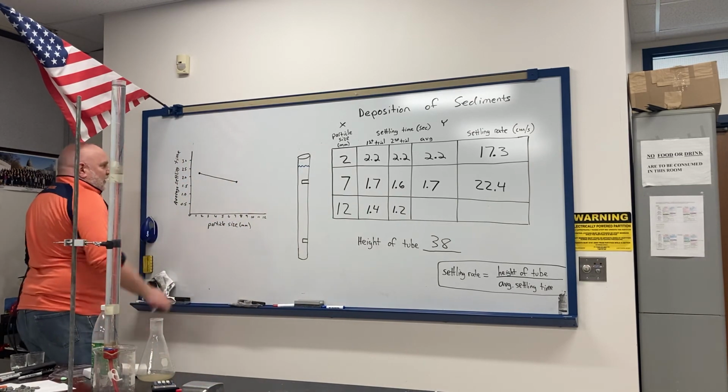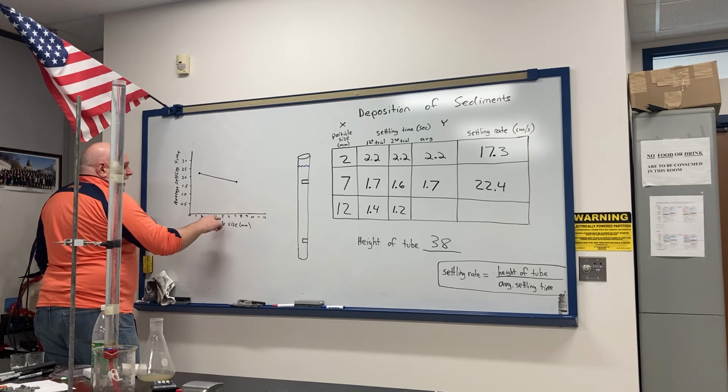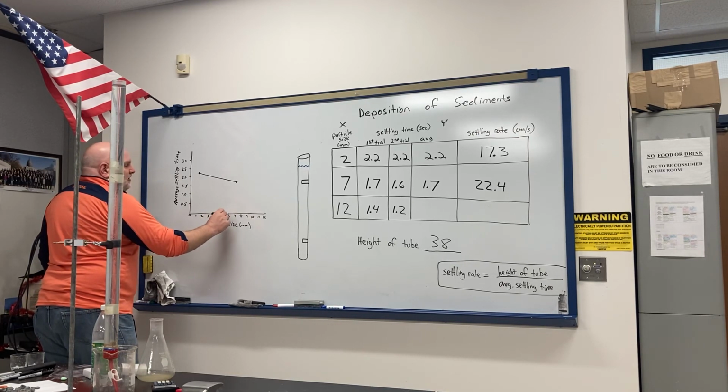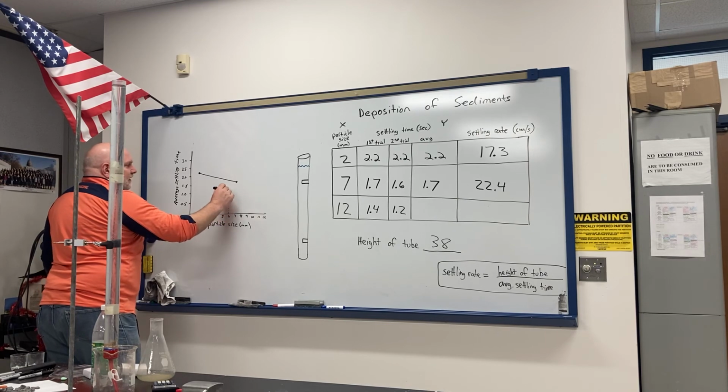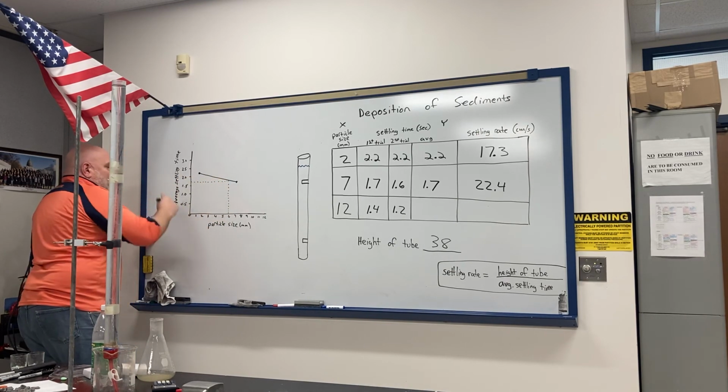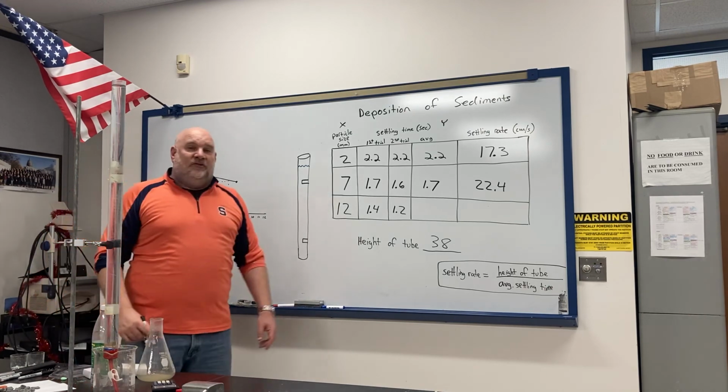There's my graph. I just go up like that, and then go over like this. And that would tell me how long it would take that particle to settle right there.